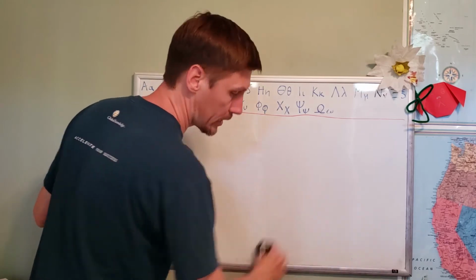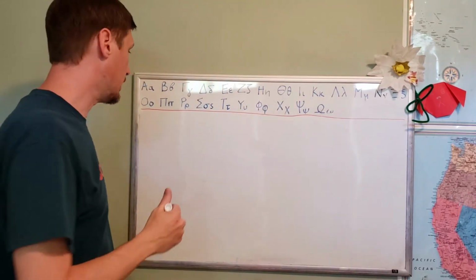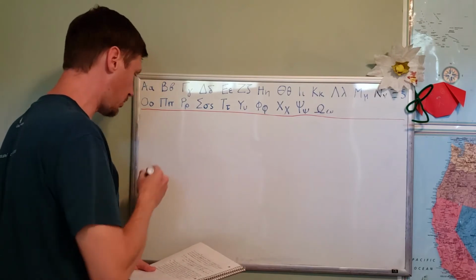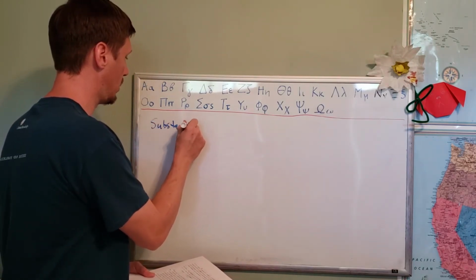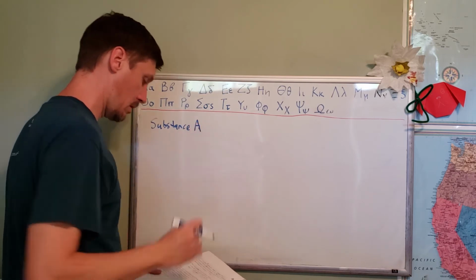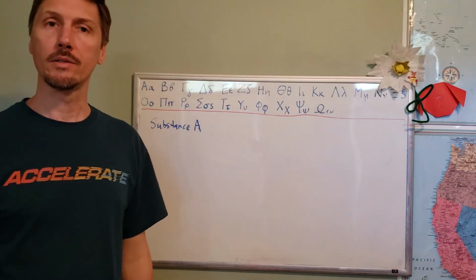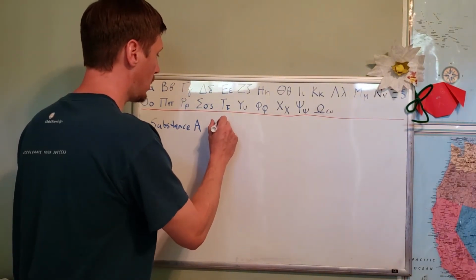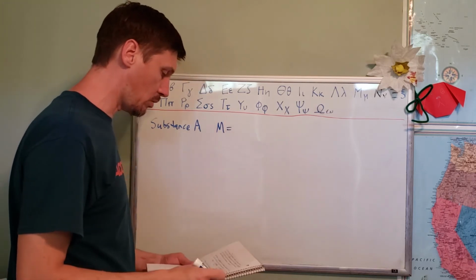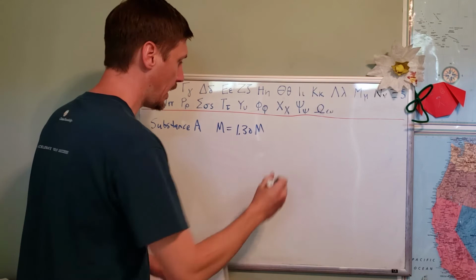Let's just do a quick example. Let's say that we know for a particular reaction that some substance, we'll just call it substance A, has a molarity. Remember, molarity has to do with the concentration. So molarity M for this substance equals 1.30 molarity at 2 seconds.